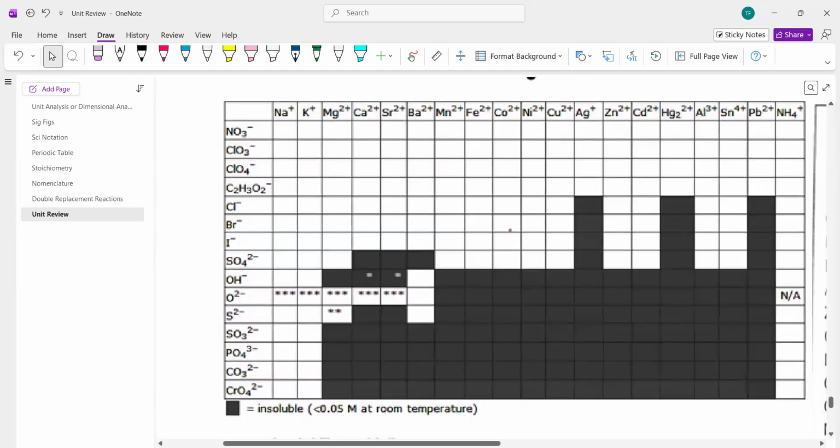So we're going to look at sodium nitrate, white. Then we have mercuric chloride, black. So the mercuric chloride is going to be a solid. The sodium nitrate will be in solution.